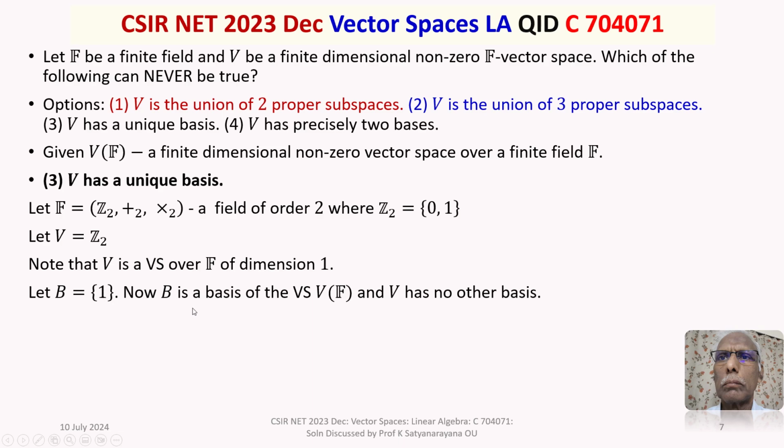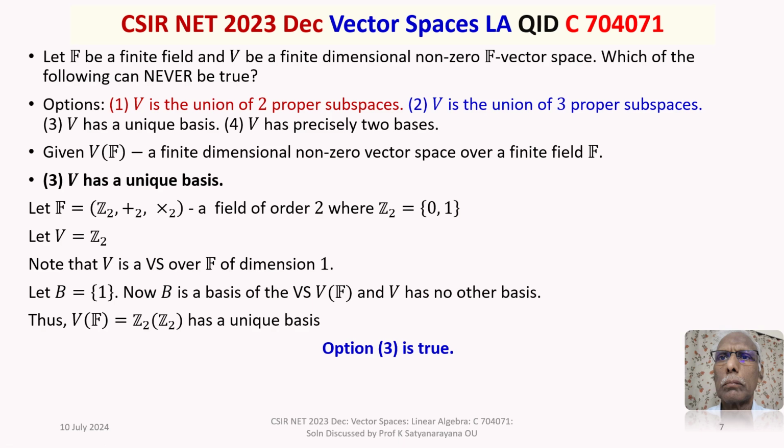Thus B is a basis for the vector space V over F, and it has no other basis because there is only one element which is non-zero. So it has a unique basis. So option 3 is also true in this case.